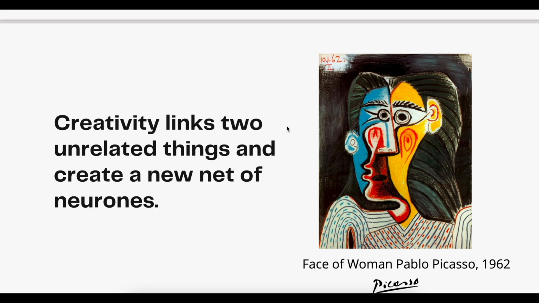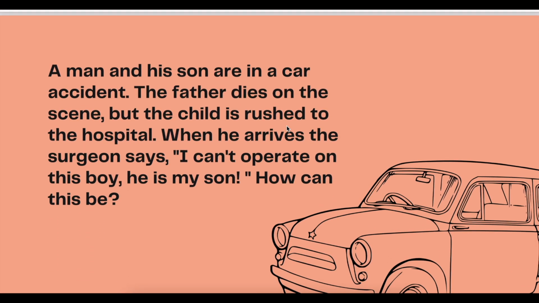To show you how your perspective and cognitive biases affect your ability to think logically, even when you think you are thinking rationally, I invite you to answer this question. But of course, if you already know the answer, I will ask you to give everyone else some time to think. A man and his son are in a car accident.